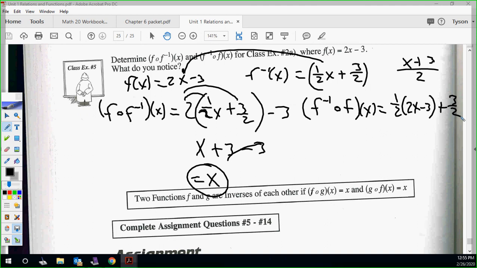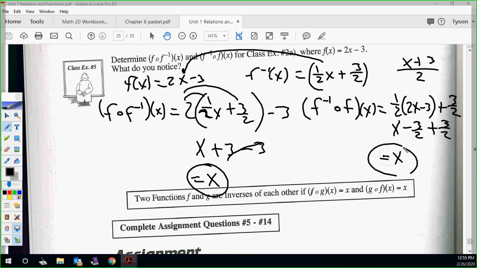What, did I lose you? Oh, this pulled it from what we did earlier. Yeah, that's just the inverse of this. Okay, and so if I simplify this now, 1/2 of 2 is just x. 1/2 of 3 is 3/2. Negative 3/2 plus 3/2, we get x again.